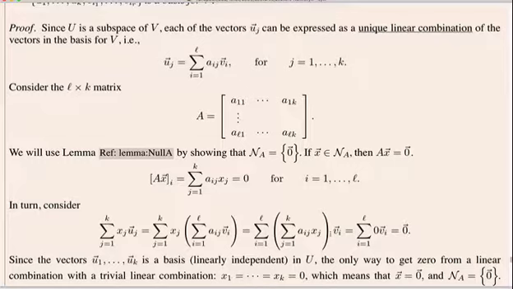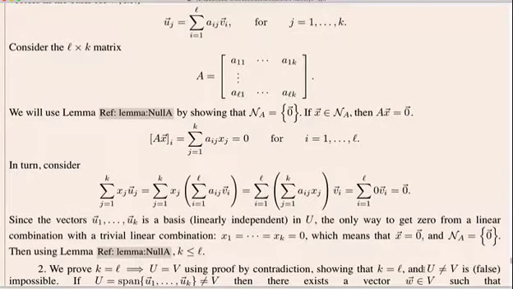But these are the entries of the x vector, so the whole x is the 0 vector. That means the whole null space is just the 0 vector.